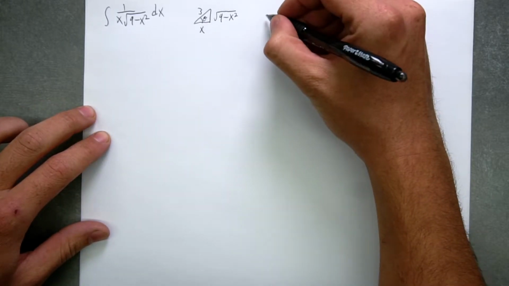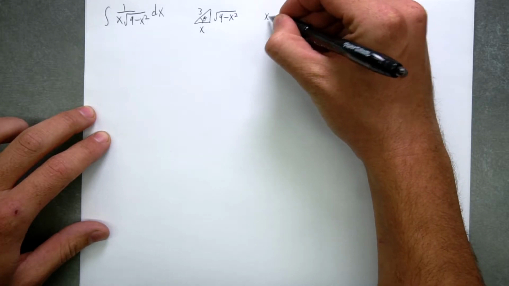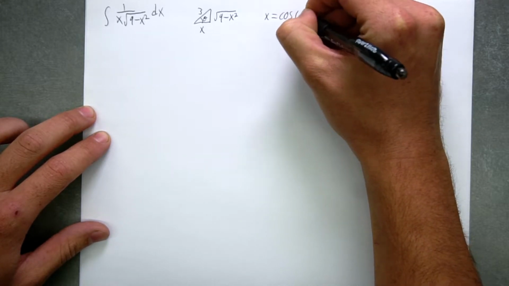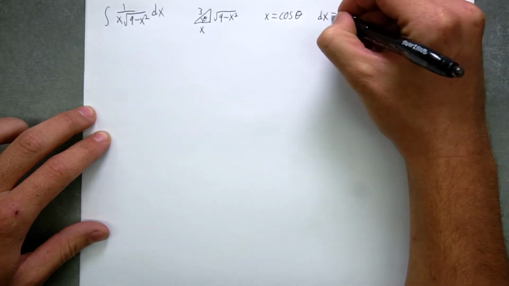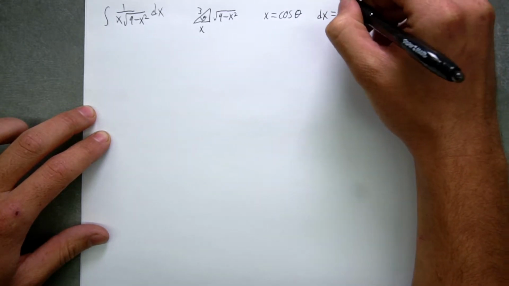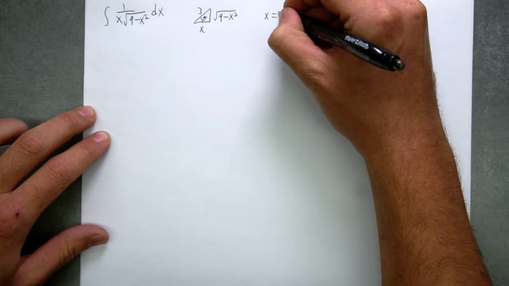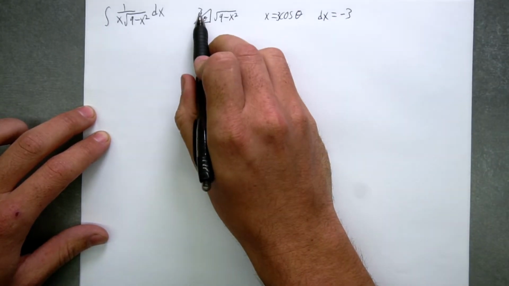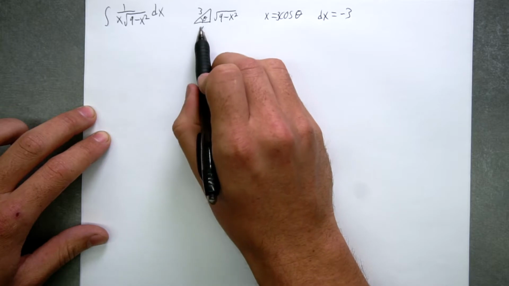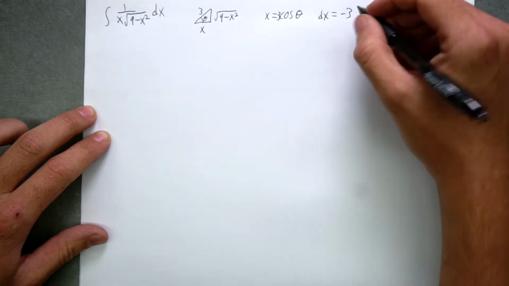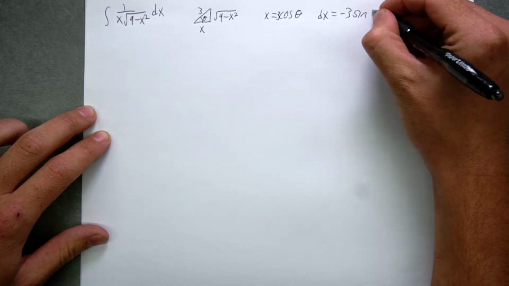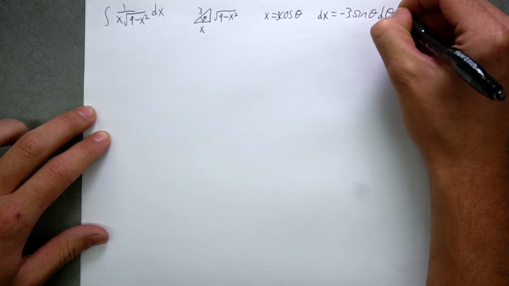From this triangle we're able to get the relationship that x equals 3 cosine of theta. From this we get dx is equal to negative 3 sine theta d theta.